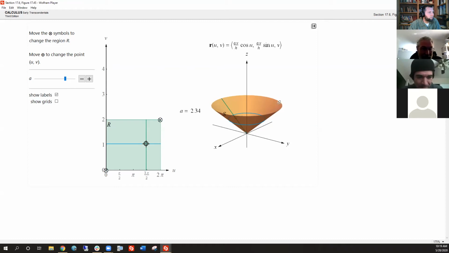Okay. So key concept is that if you have a space curve, how many parameters do you need? Space curve, you need 1, right?